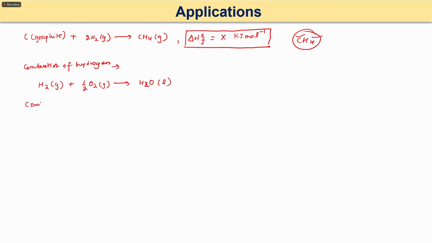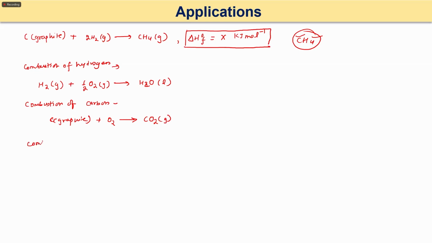Next, let us write the combustion of carbon. C graphite plus oxygen will produce carbon dioxide gas.